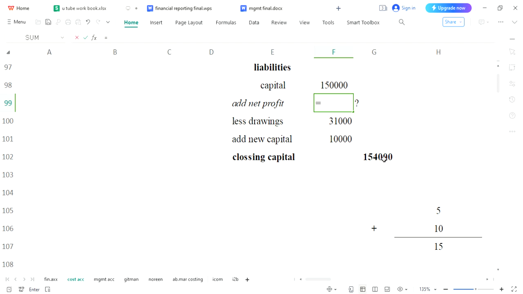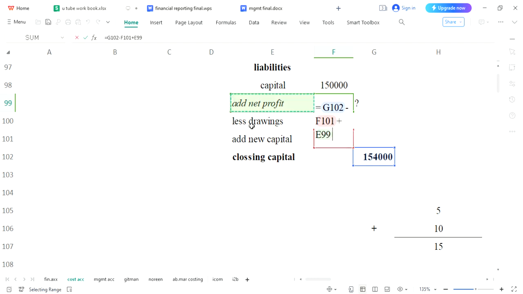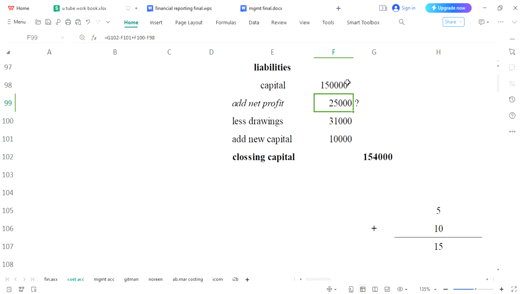So 154,000 is the answer, then the original sign is add, so we reverse the sign as minus 10,000. The original sign of drawings is less, so we will use plus. And after which we have capital, which has a plus sign, we will put a minus sign, and in this way we have got our answer, and that is profit 25,000.